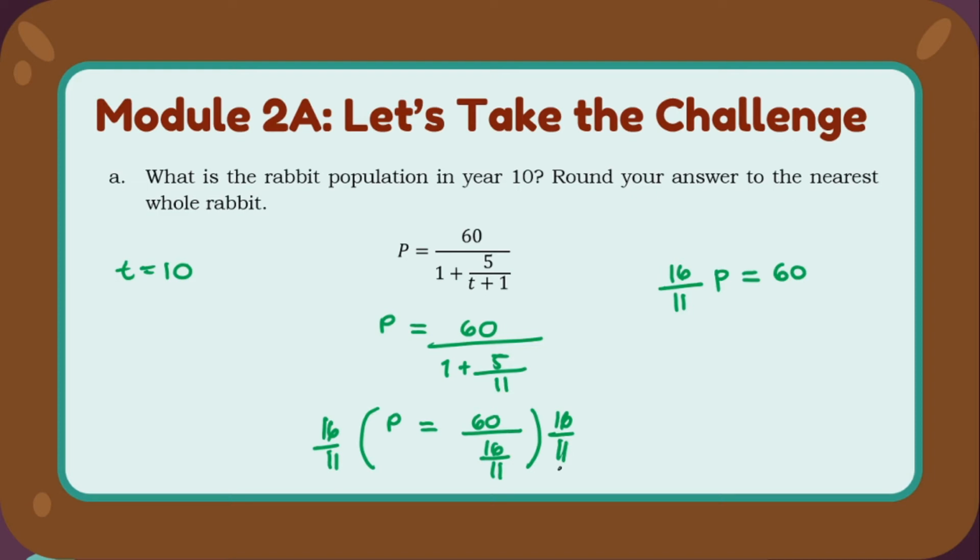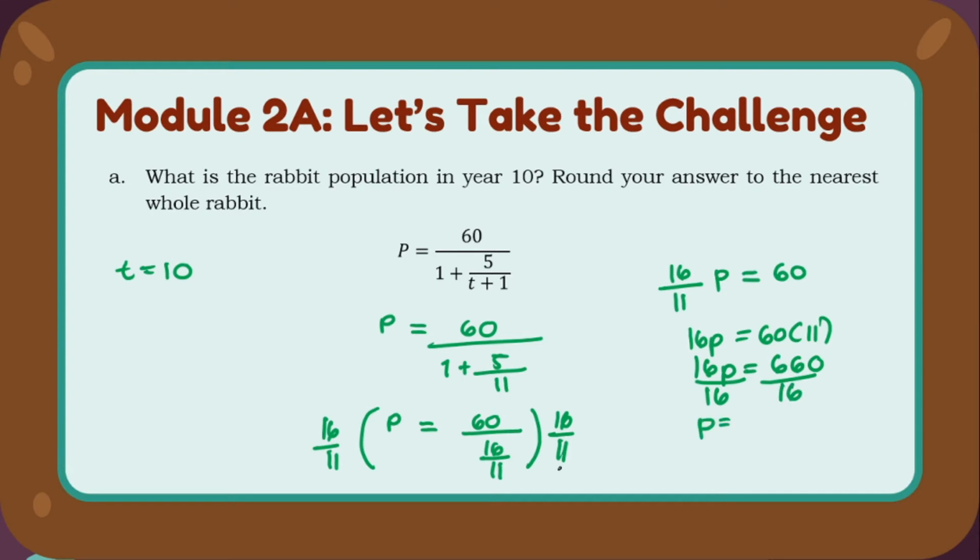And then, 16P is equals to 60 times 11. 16P is equals to 660. Divide both sides by 16.